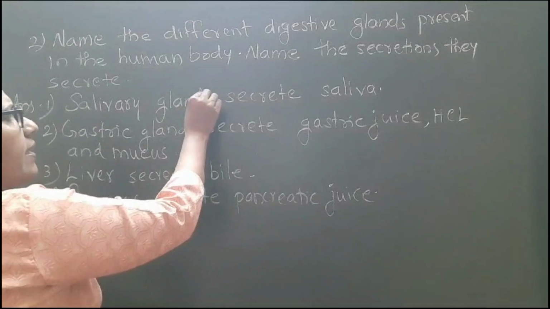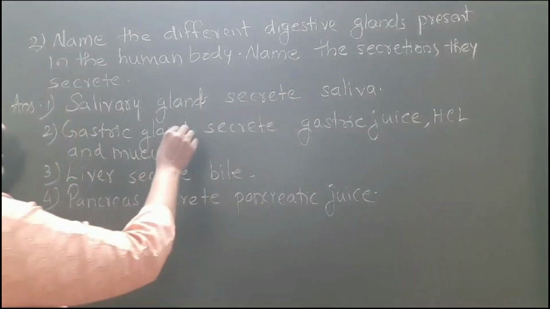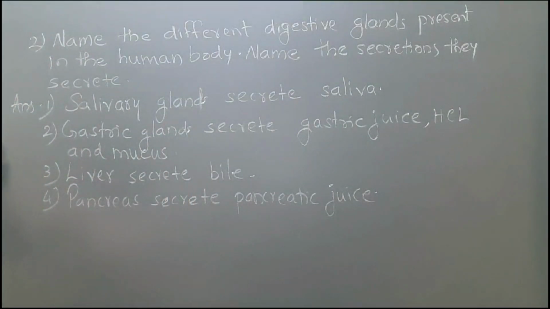Salivary glands secrete saliva. Then gastric glands secrete gastric juice, HCl and mucus. HCl is hydrochloric acid. Then liver. Liver secretes bile. Then pancreas. Pancreas secretes pancreatic juice.